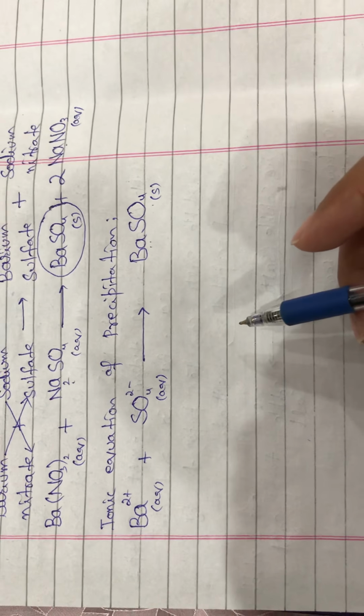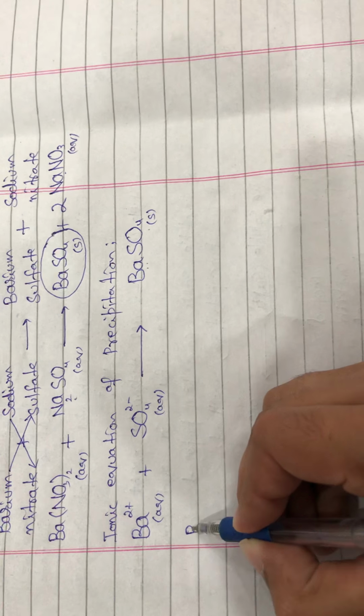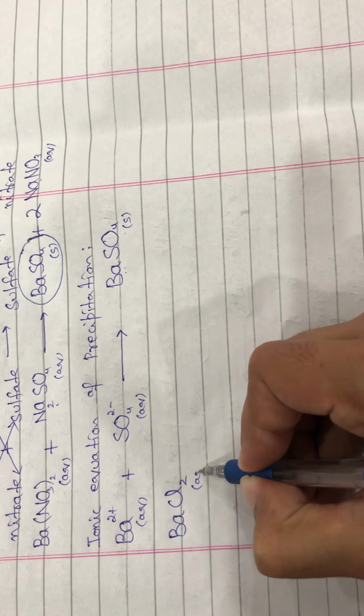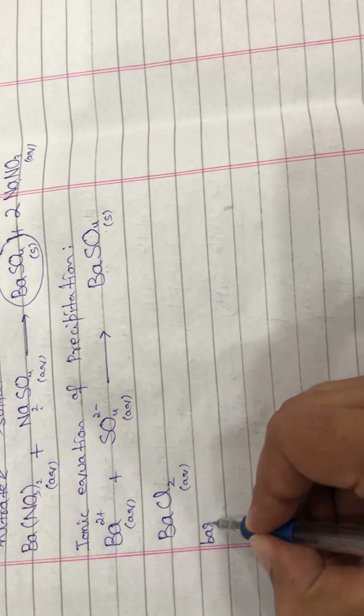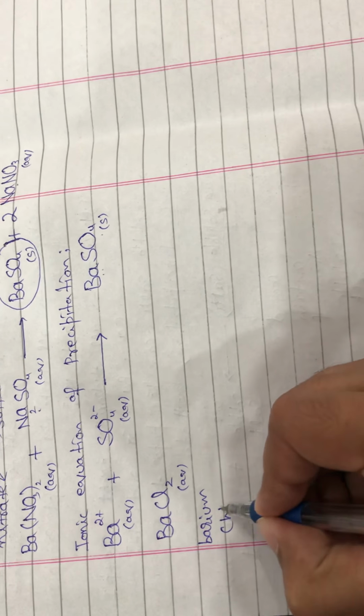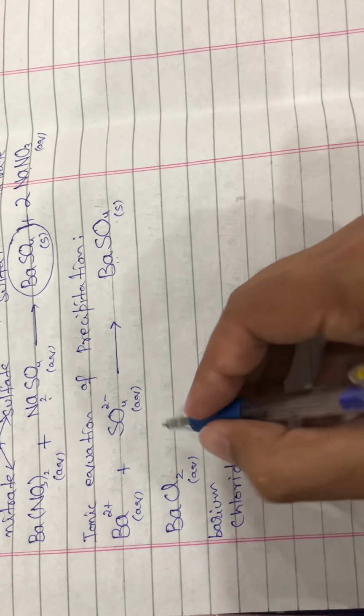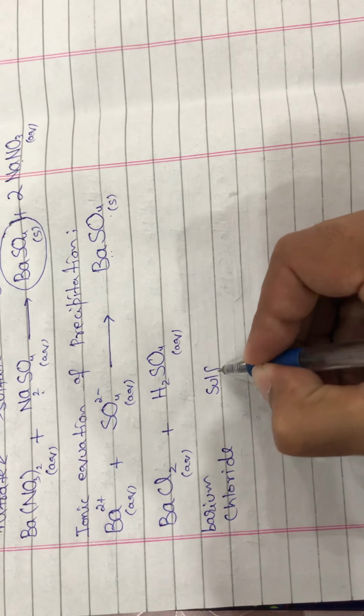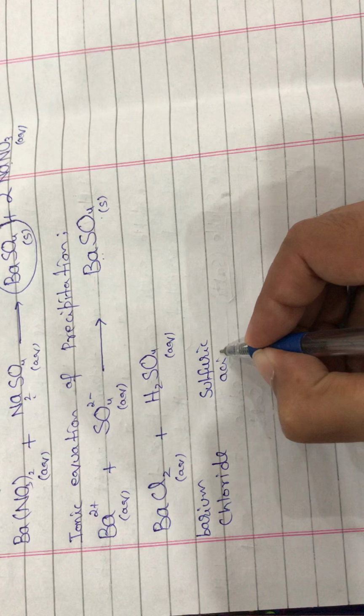Another equation for forming the barium sulfate precipitate we may write in this form: we are choosing a barium salt that can be barium chloride, plus sulfuric acid, H2SO4. Sulfuric acid is also a soluble substance, so we may also use sulfuric acid.